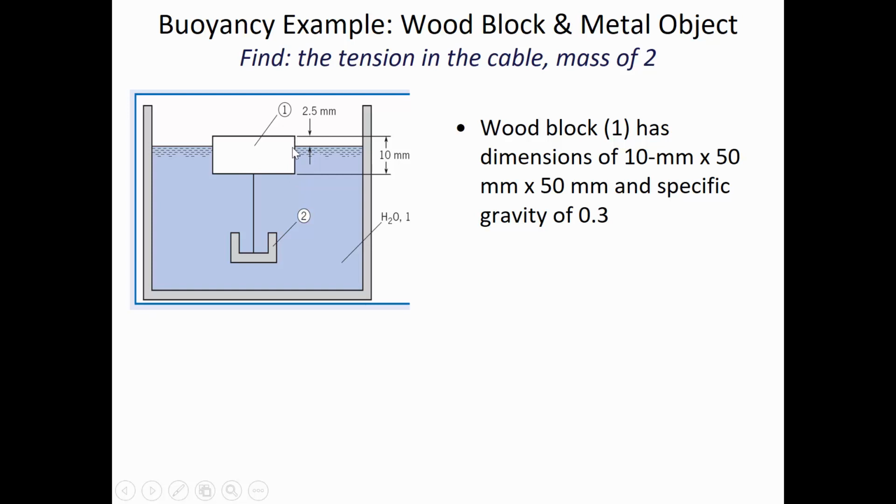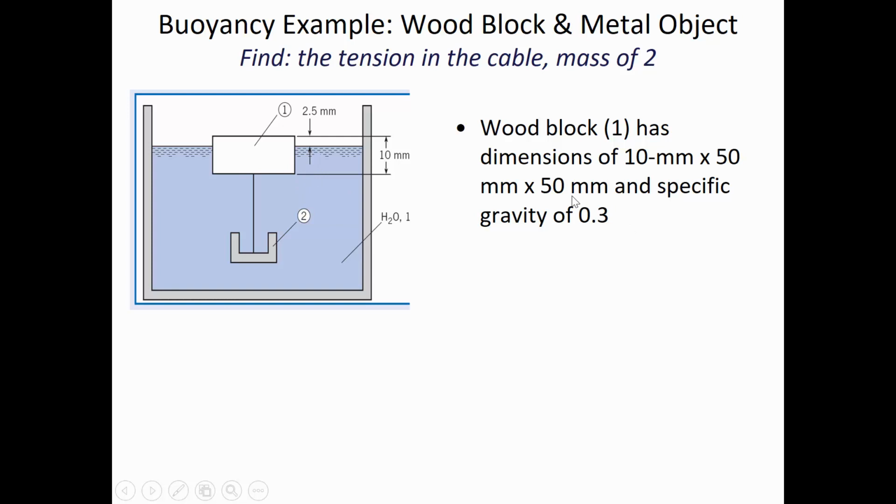So that means that the non-submerged portion isn't contributing to buoyancy. And then it also has a 50 millimeter by 50 millimeter, so the width of it is 50 millimeters, and then into the page it has a 50 millimeter dimension as well.